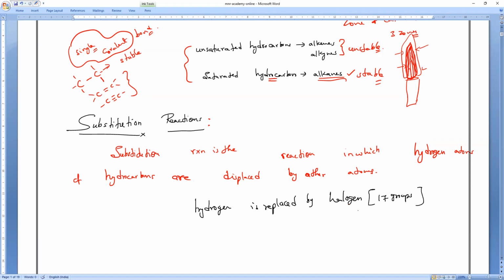I already taught you in the periodic table: fluorine, chlorine, bromine, iodine. This is what we call a substitution reaction. And remember, these reactions are examples of the most important thing, photochemical reactions.